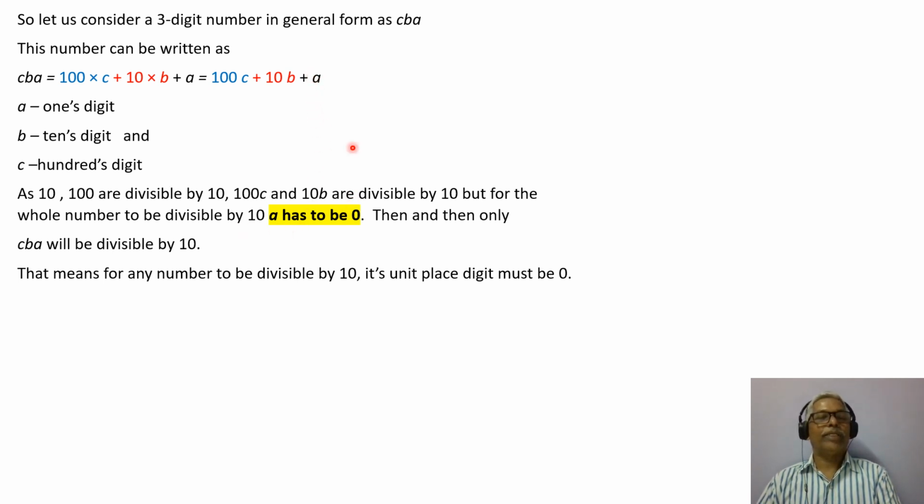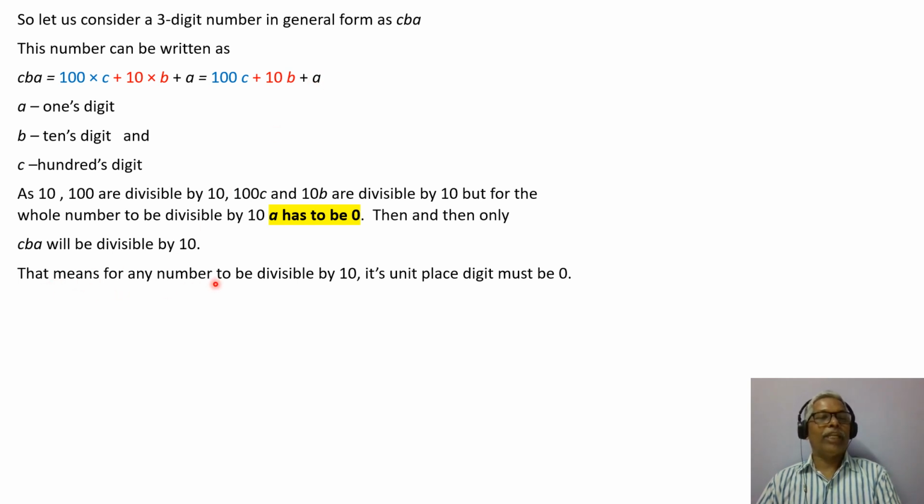Very interesting argument. If this is 0, then the whole number will be divisible by 10. This splits, and these parts are divisible by 10, and the whole number will be divisible if A is 0. If A is 0, then and only then CBA will be divisible by 10. Any other number is not possible.